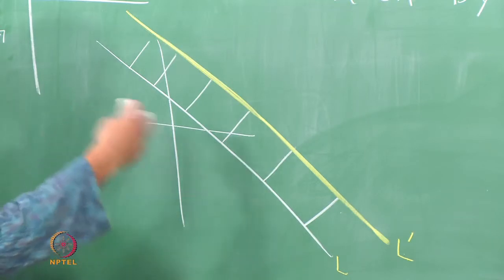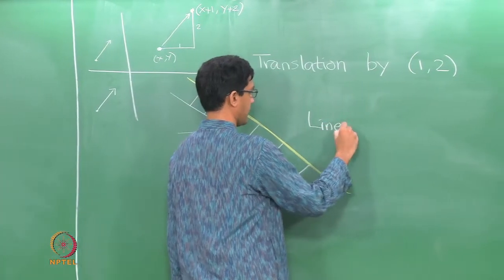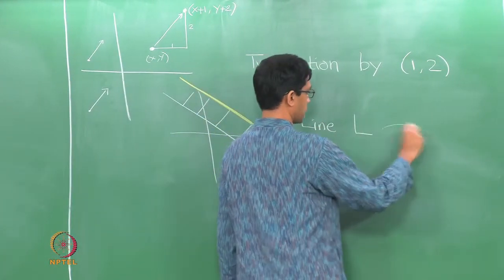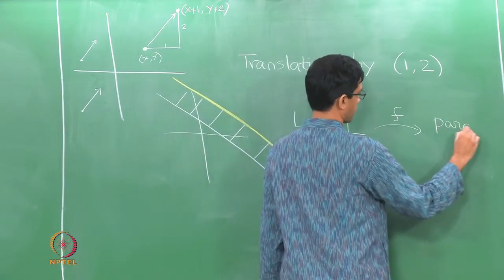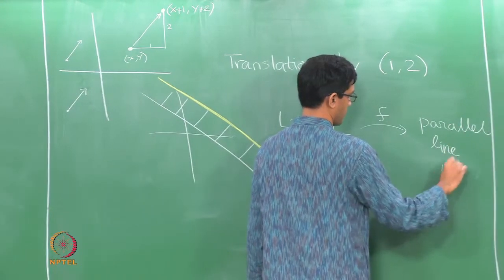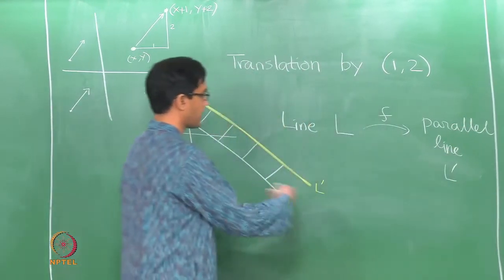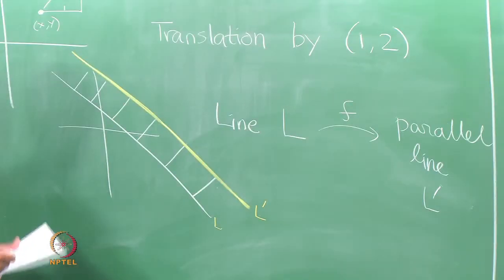So, lines map to parallel lines. So, line L, what does it go to under the function f? It goes to a parallel line L dash, which is shifted by the amount 1 comma 2. Okay. And well, you can think of the same thing.